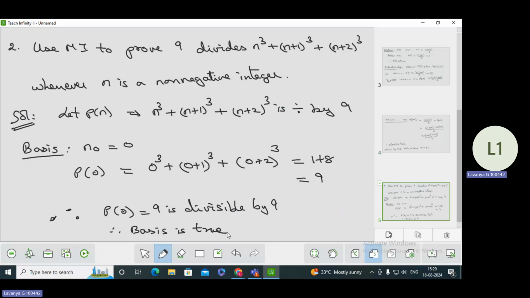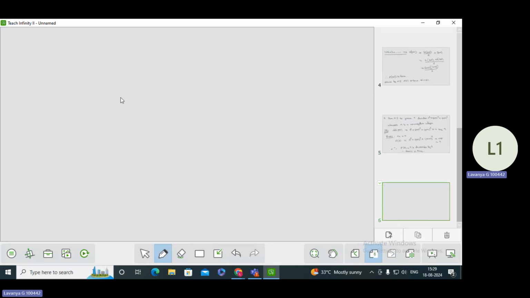Next, I have to go for the induction step. So what is the inductive step? In my inductive step, I will assume the result is true for an arbitrary k. That means we are going to assume P of k is true for k greater than 0.